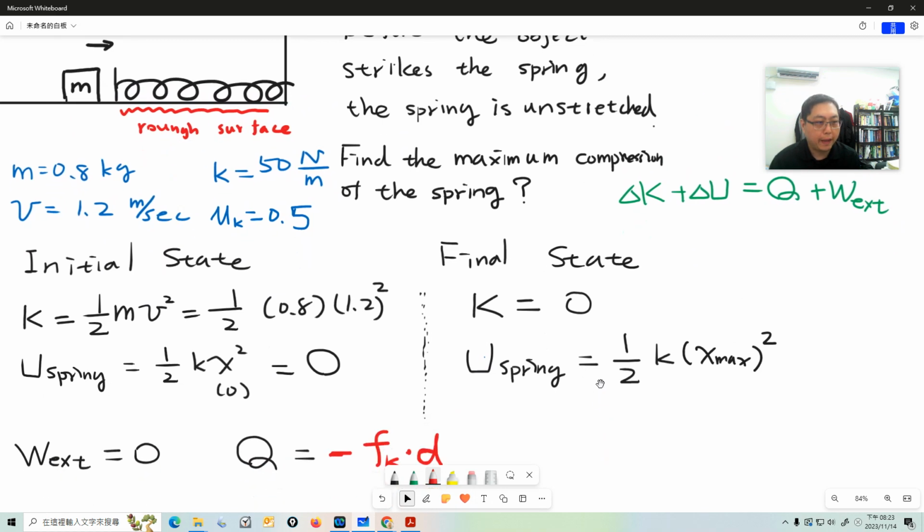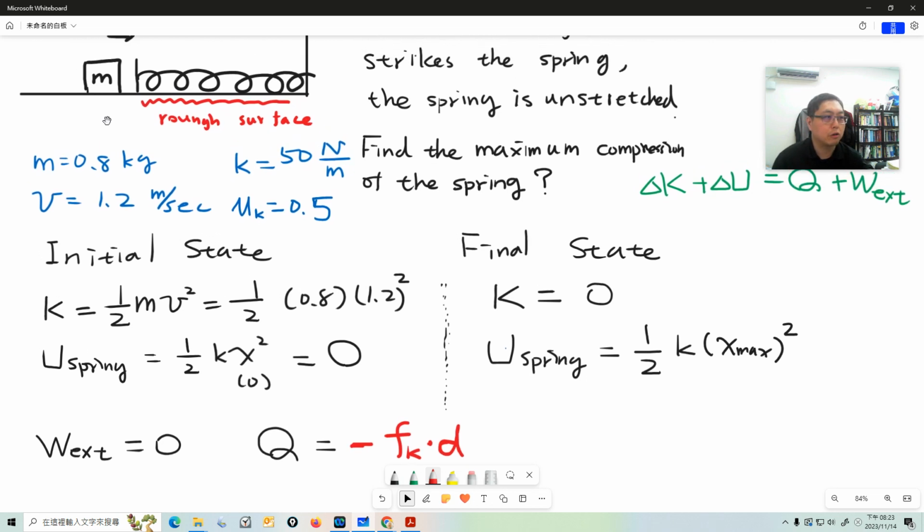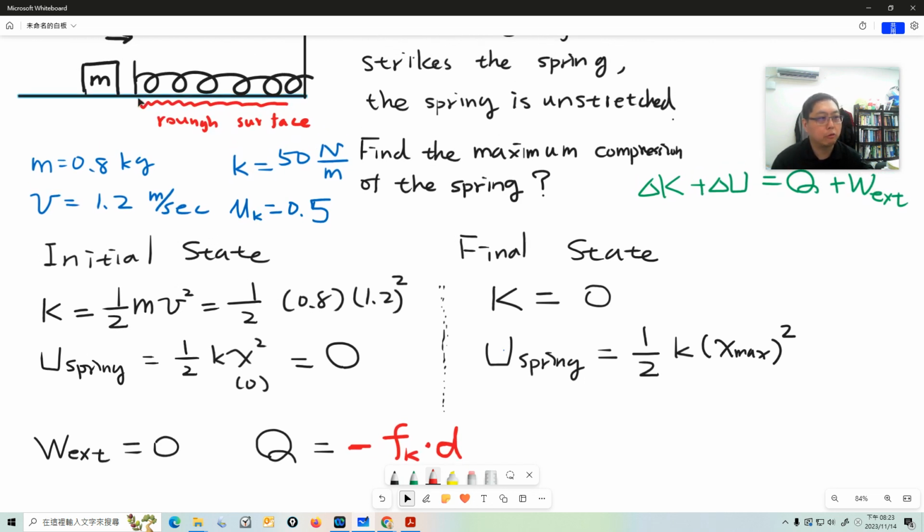Let's say at the very beginning, the problem should say the surface under the spring is a rough surface. So when the mass collides with the spring, it will encounter a friction force that keeps dragging the object.